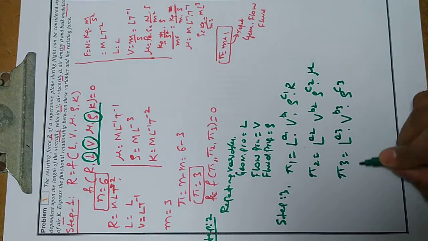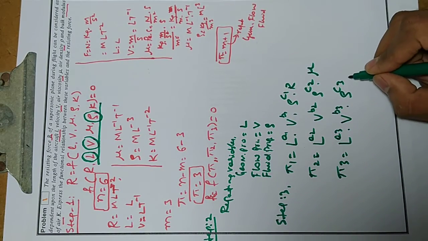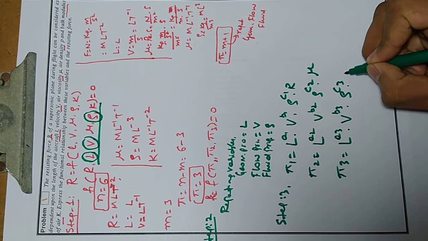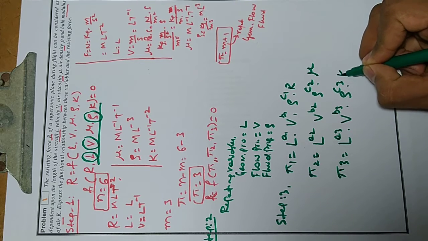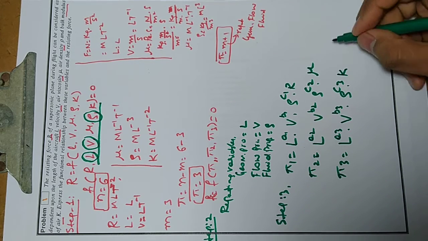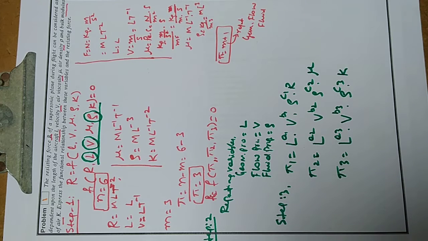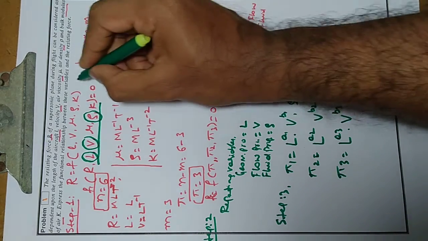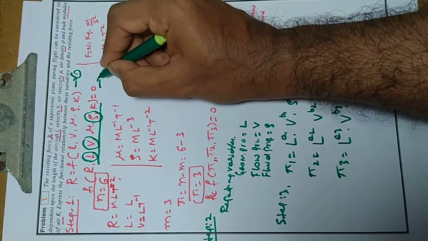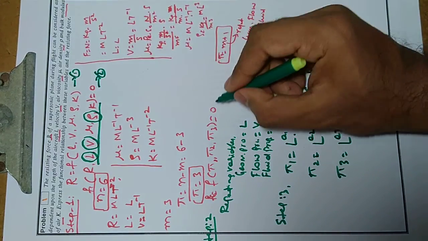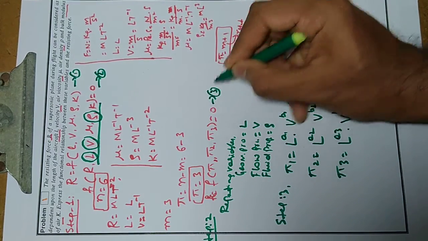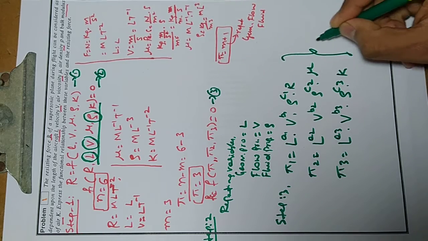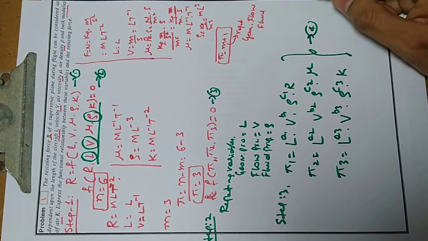Now one more term is left out, that is K. I can call these equation 1, equation 2, and equation 3, and completely this equation I will call equation 4.